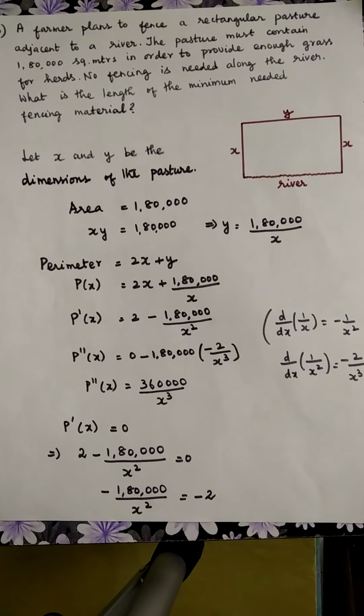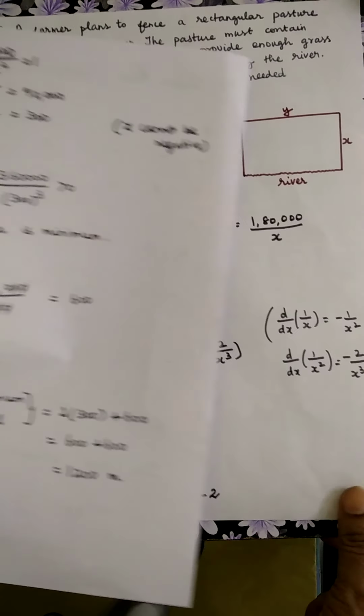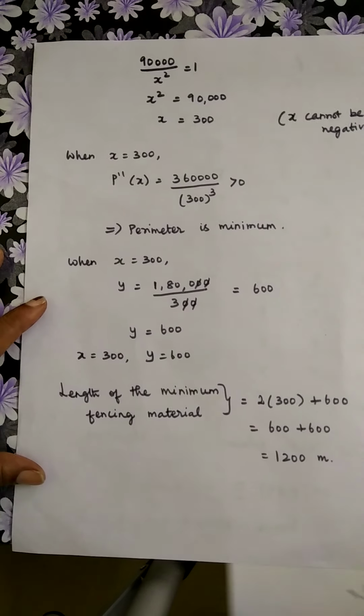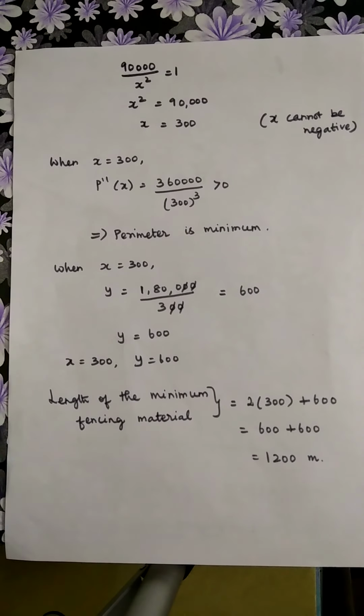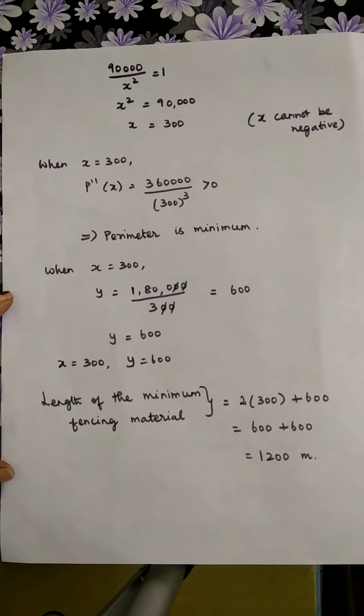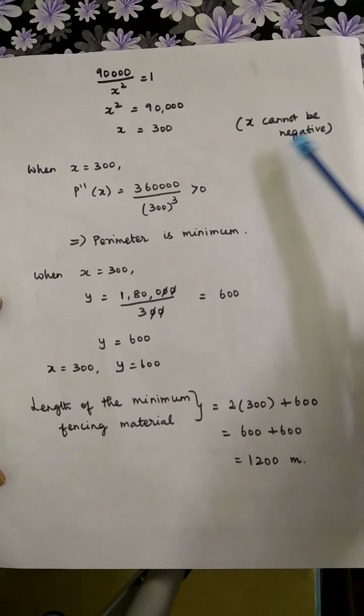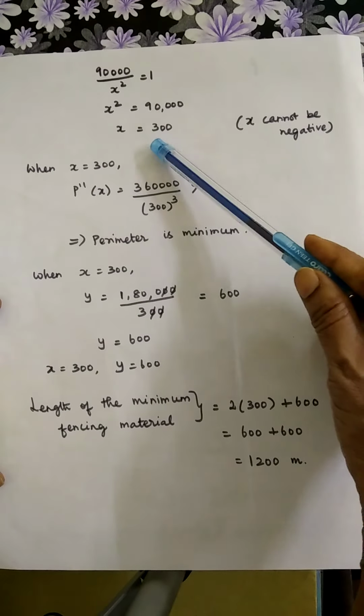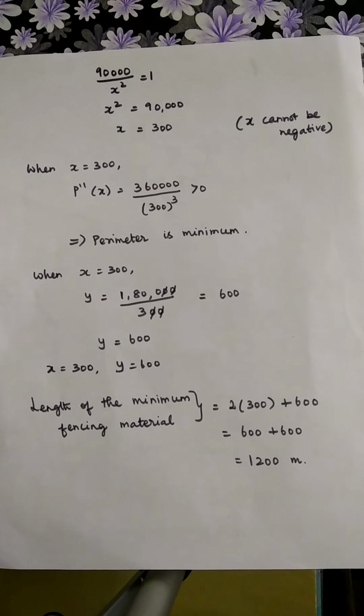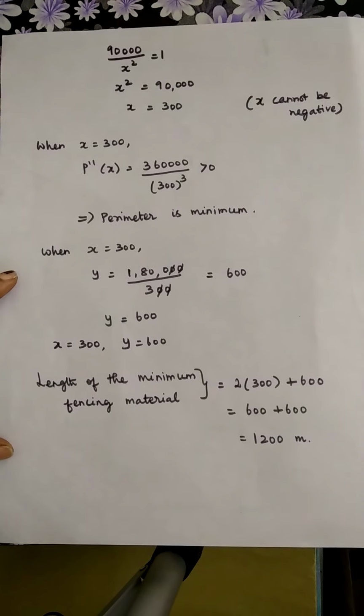So 90,000. 90,000 by x square equal to 1, cross multiplying x square equal to 90,000, x equal to plus or minus 300, but dimensions length cannot be negative, so x cannot be negative, so leaving minus sign, plus value மட்டும் நம்ம எடுத்துக்கலாம். X equal to 300.